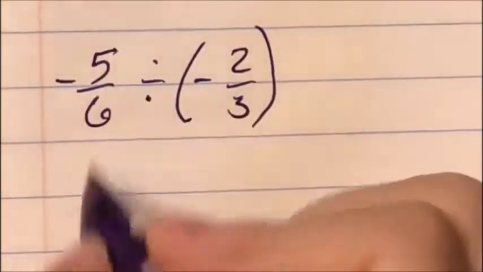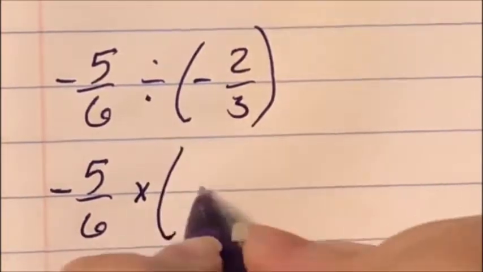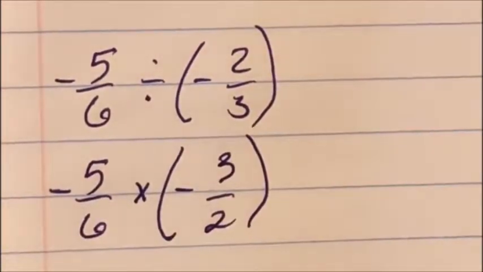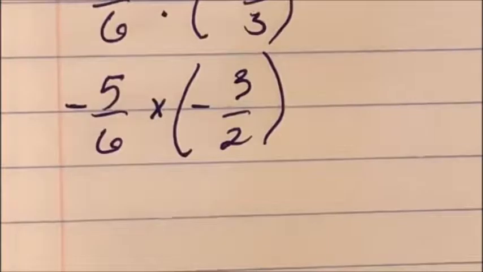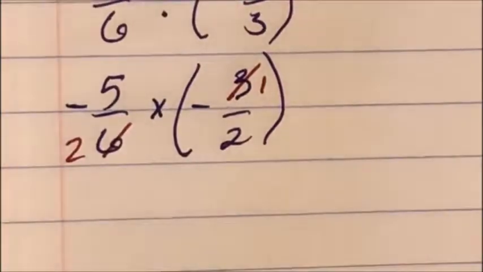Okay, so I keep my first, change my division to multiplication, flip my second fraction. Multiply by the multiplicative inverse or the reciprocal. Now I just multiply straight across, or I can cross simplify, noticing that 6 and 3, 3 becomes 1, 6 becomes 2.